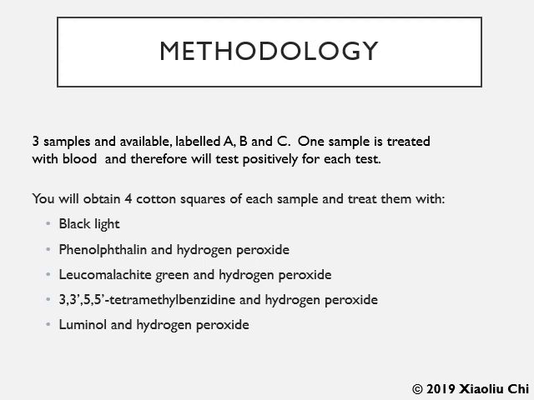In this experiment, you are going to test 3 samples labeled A, B, C. One sample is treated with blood and therefore will test positively for each test. You will obtain 4 cotton squares for each sample and treat them with black light, phenolphthalein and hydrogen peroxide, leucomalachite green and hydrogen peroxide, 3,3',5,5'-tetramethylbenzidine and hydrogen peroxide, luminol and hydrogen peroxide.